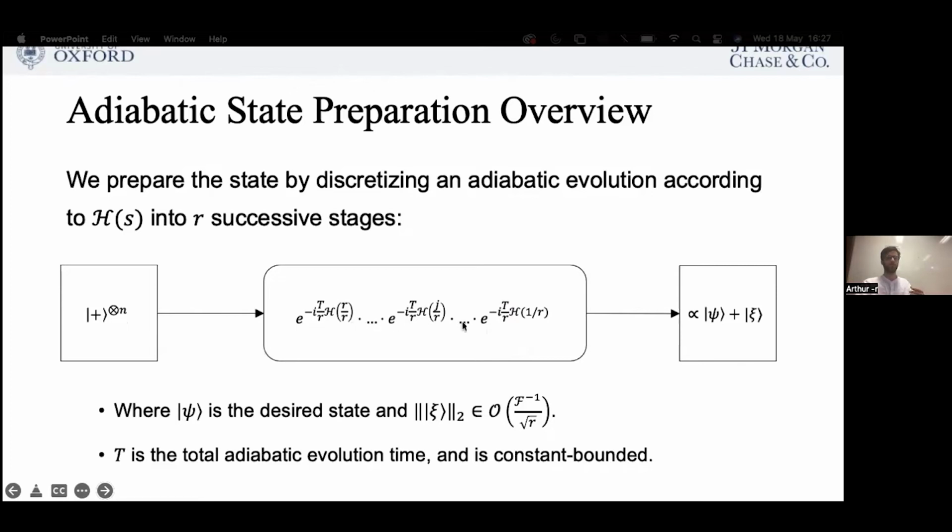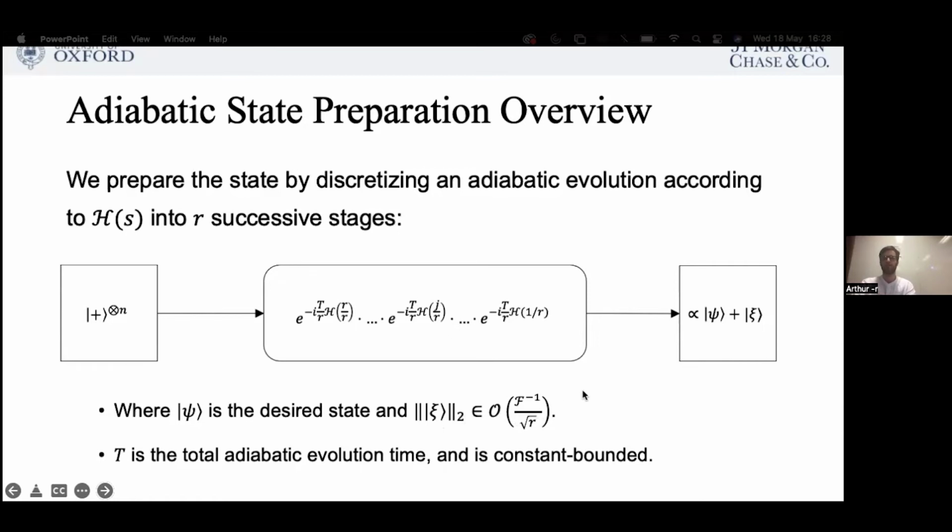In each time-independent evolution, we're evolving according to the Hamiltonian with s uniformly interpolating between 0 and 1. So if psi is the final state, then this adiabatic evolution produces the state psi plus an error term, and the norm of the error term can be arbitrarily suppressed by increasing r.